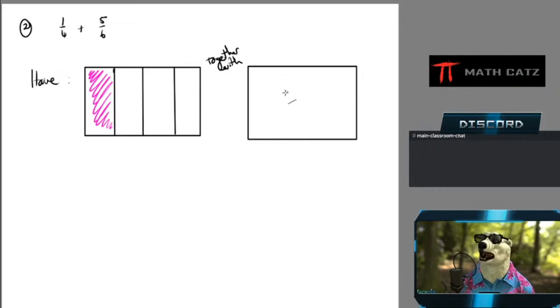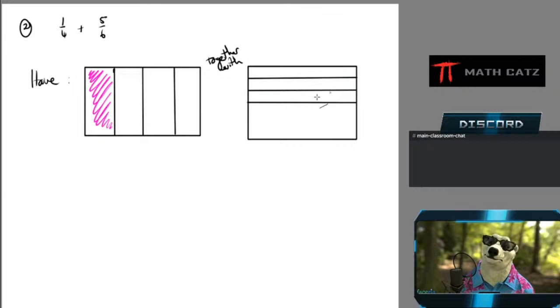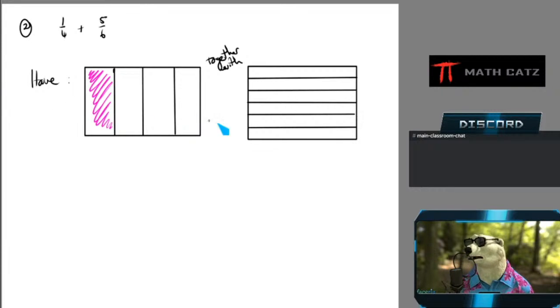So what I could do is go horizontally in this one in 6 slices. So halfway, and then split each half into 3, knowing that I'm going to do that with the other one. So let's have the number of lines in both directions the same. It doesn't actually matter how I cut the bread, right? It's a little unconventional to cut the bread along its length, but I can do it.